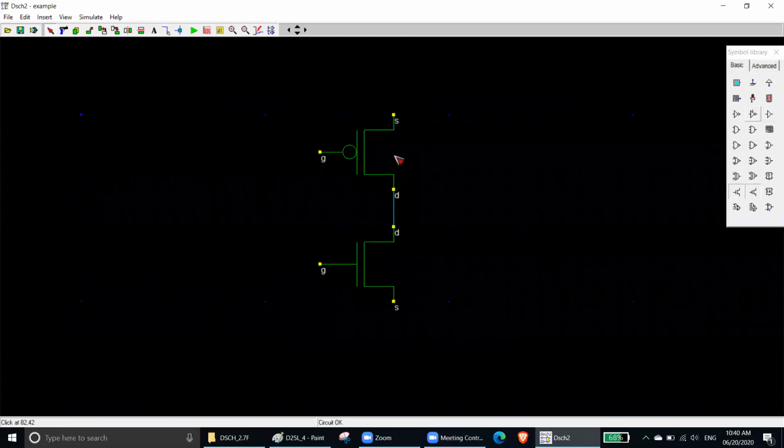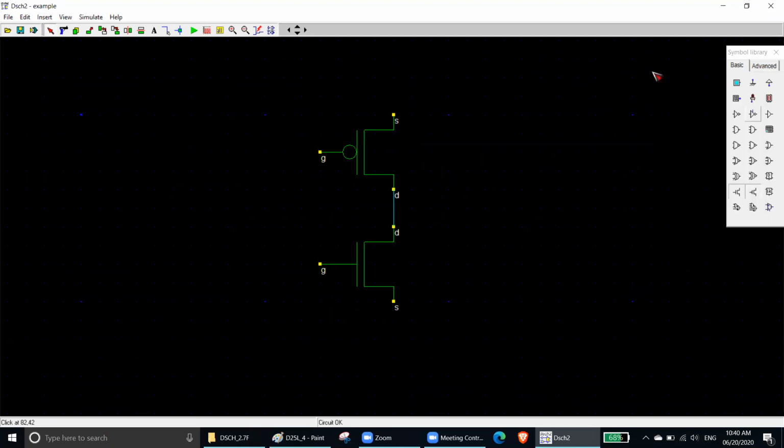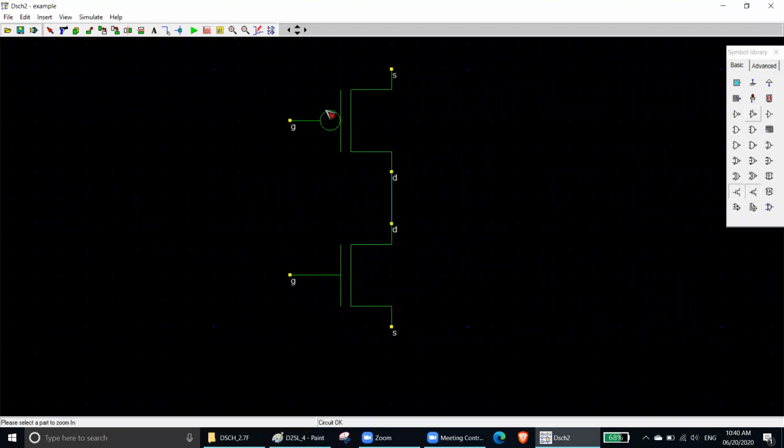In case of PMOS, the source will go up. In case of NMOS, the drain will go up. So you understand what are these, right? These are actually N MOSFET and P MOSFET. Understood? This is the P MOSFET. Why we give a bubble in the gate of PMOS?